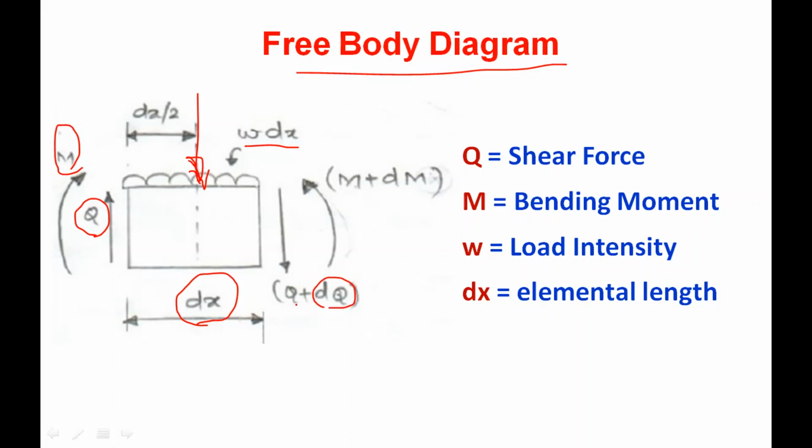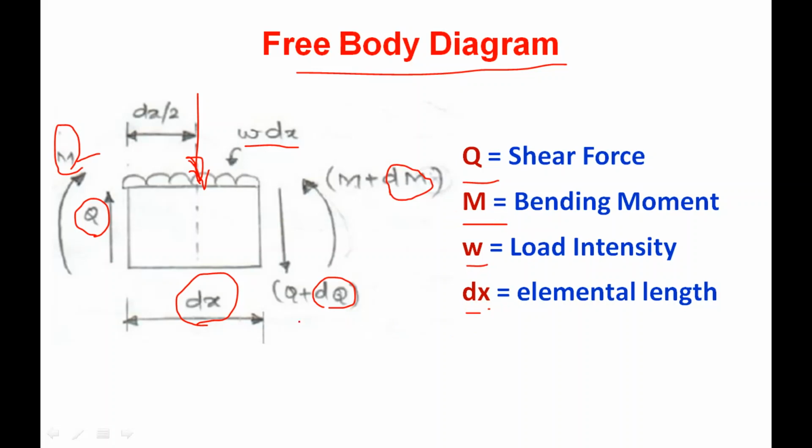In the right hand side we are considering Q plus dQ. Similarly, this bending moment is M. After passing through this dx, the bending moment value will be slightly increased. That incremental change in bending moment is considered as dM. Here Q is shear force, M is bending moment, W is load intensity, and dx is the elemental length.